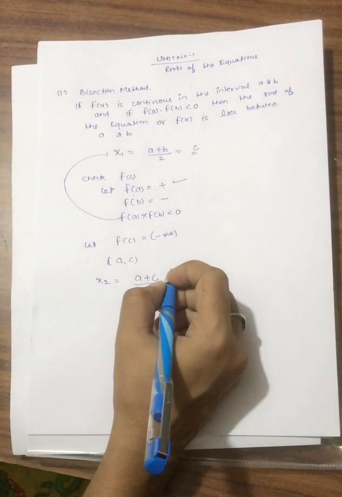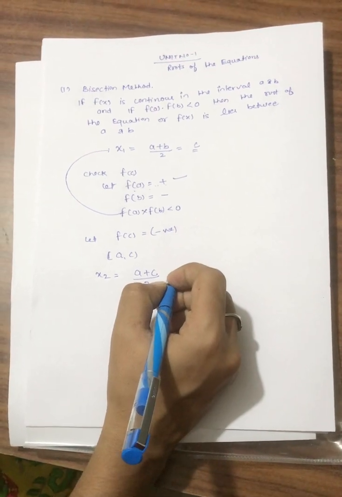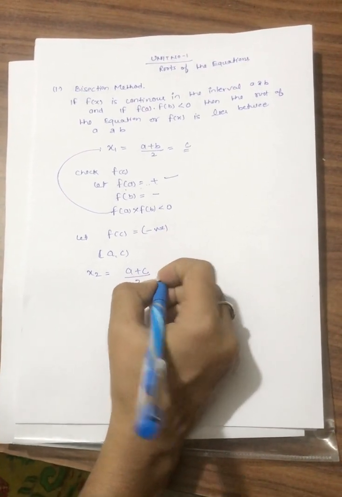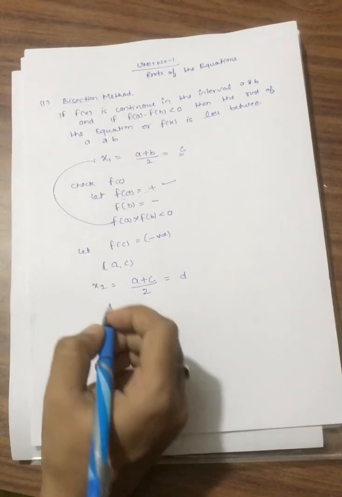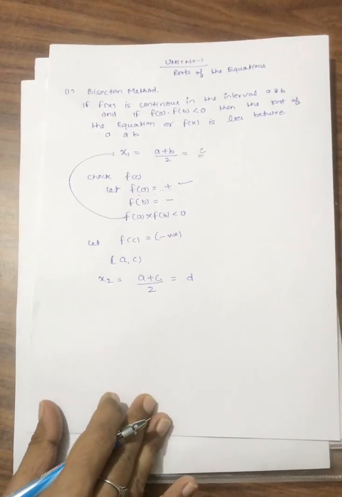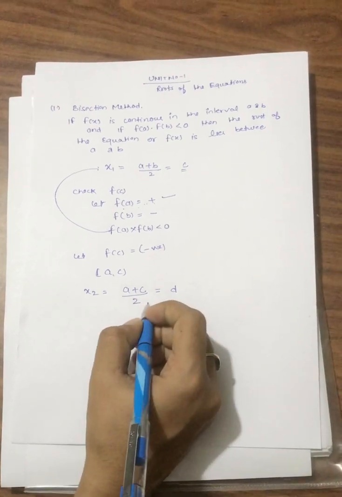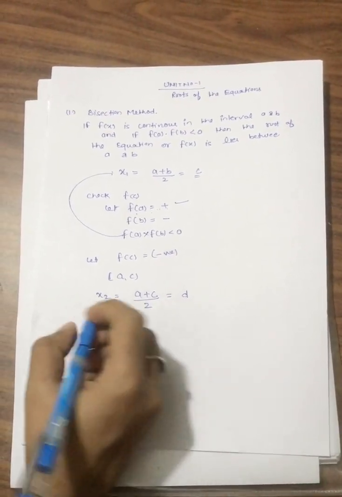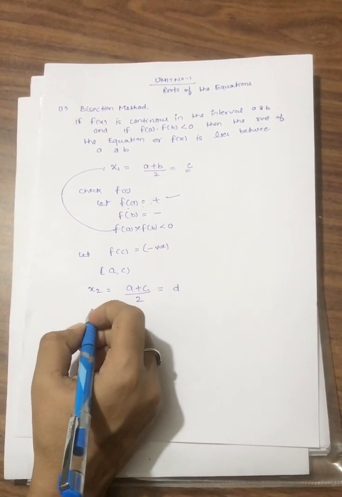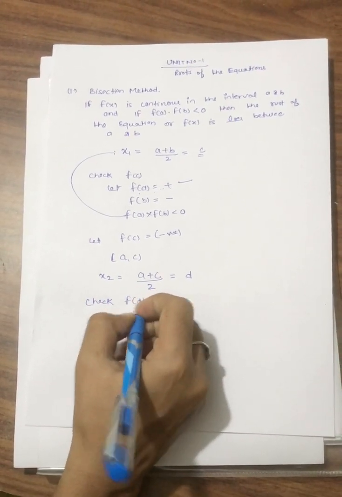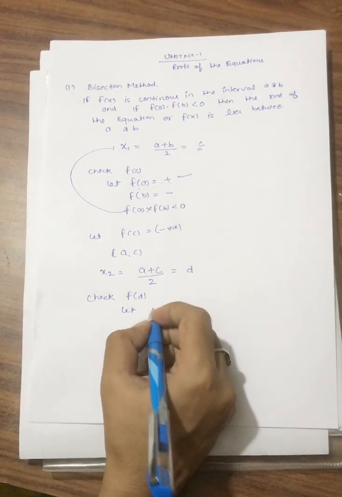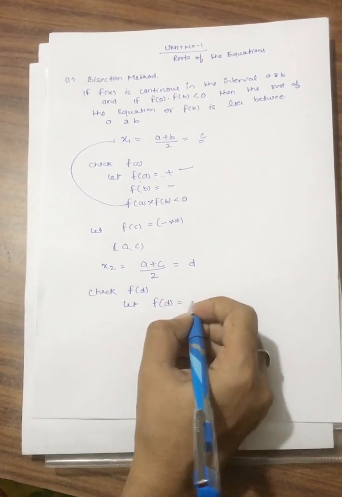Now if you have to find the third iteration like x3, suppose the value of x2 is d. Now you have to find the value of x3. So in that case you have to find the interval for x3. So to find the interval for x3, check the value of the function at the point d. Suppose the value of the function at the point d is negative.